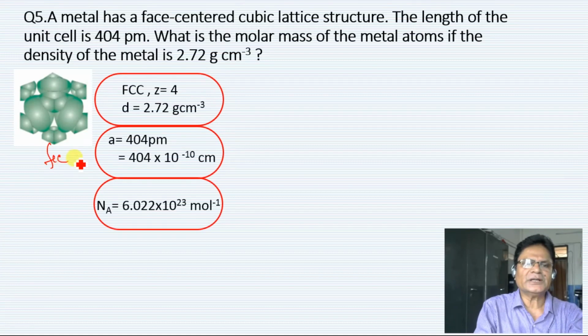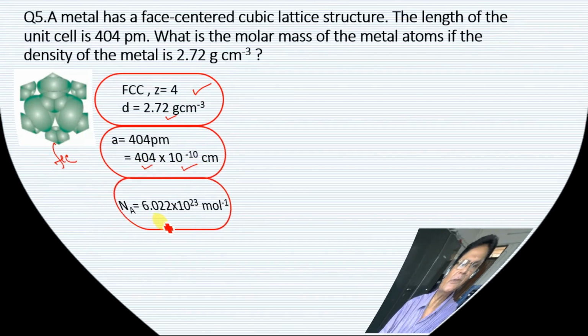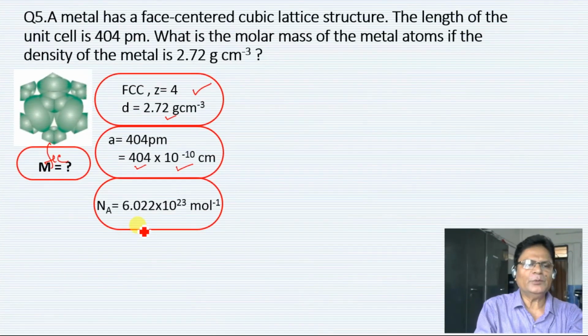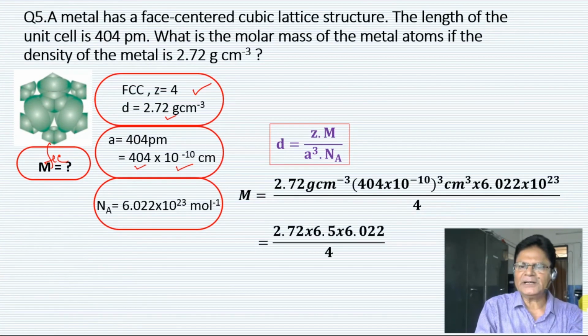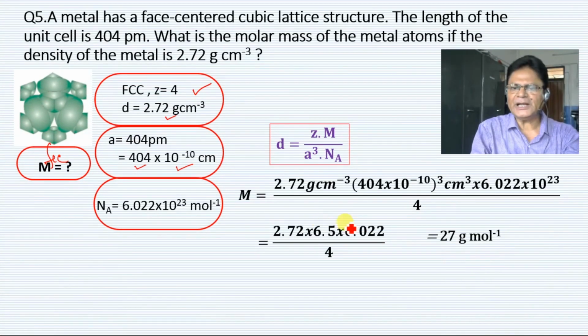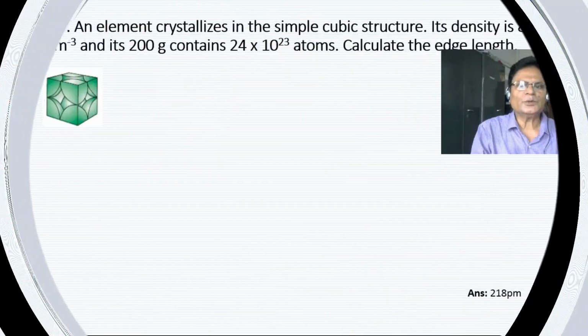Now in this question, Z is 4, density is 2.72 gram per centimeter cube, a is 404 into 10 to the power minus 10 centimeter, Na is known, we have to calculate the molar mass. Put the values, solve it, and you will get the answer as 27 gram per mole.